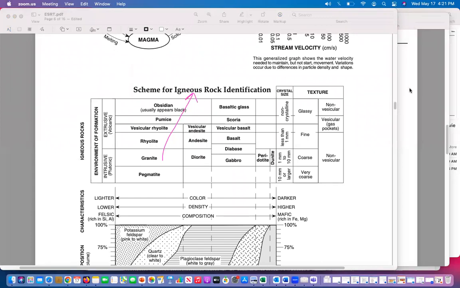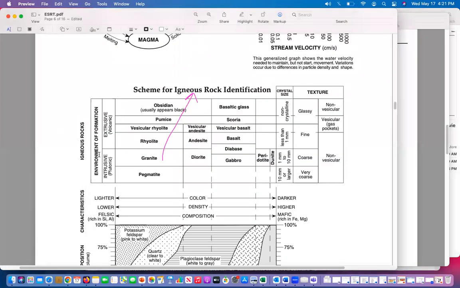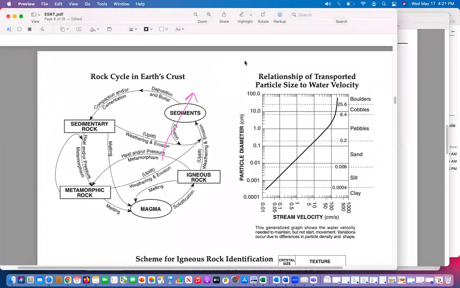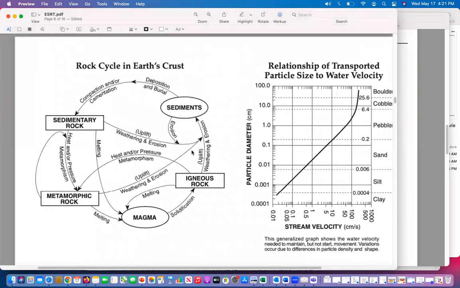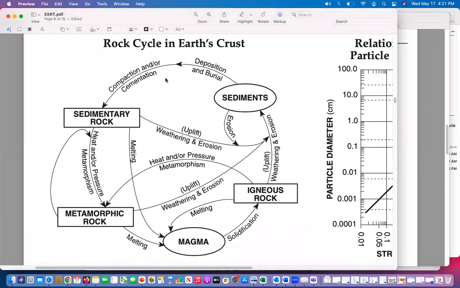So I already know I need to pick a process for how an igneous rock is formed. If you ever forget how an igneous rock is formed or what process is included for an igneous rock, go to page 6 of the reference tables on the top left diagram. Where you see igneous rock, I'm going to look at the process that is pointing to igneous rocks.